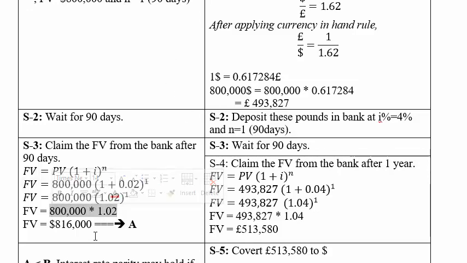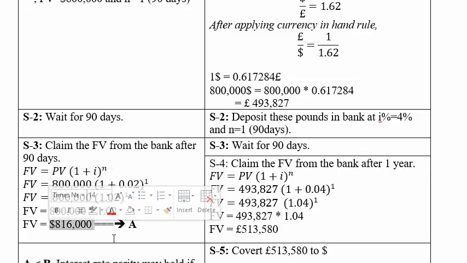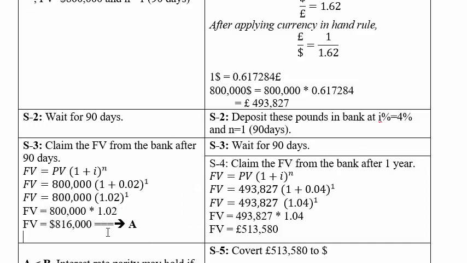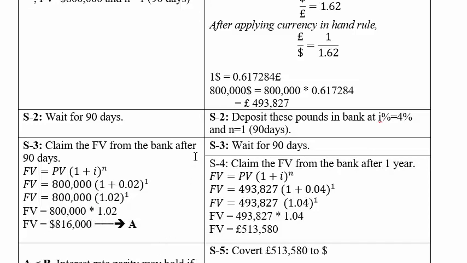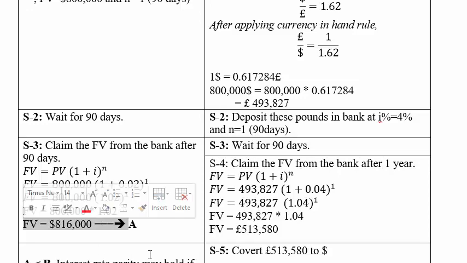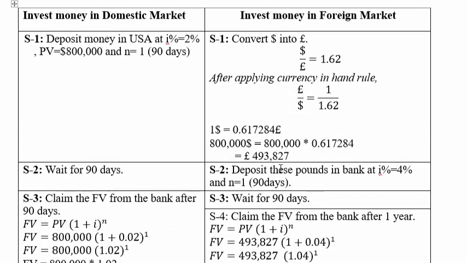Then we multiply it with the present value, so we get $816,000. It means that we will receive our $800,000 back along with $16,000 profit, which is 2% on our investment. So that's the money we will receive if we choose to invest in the domestic market.